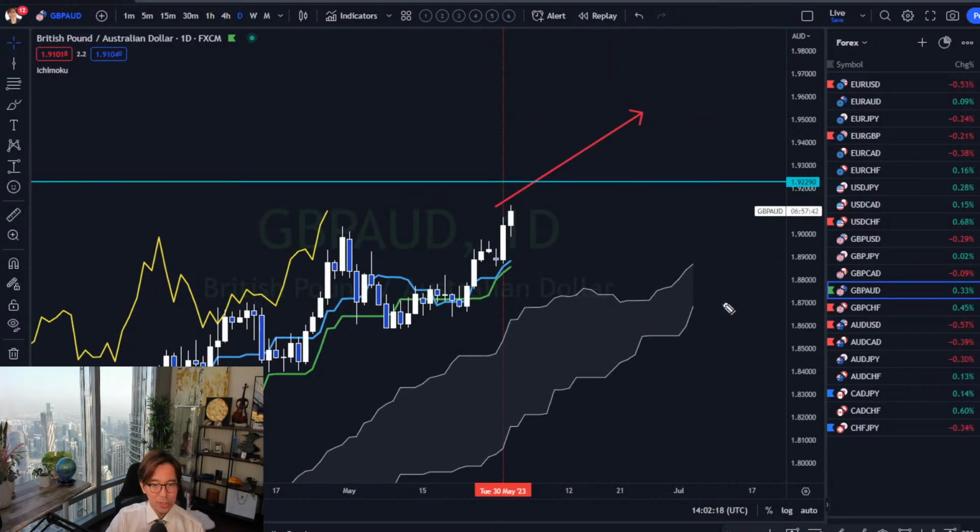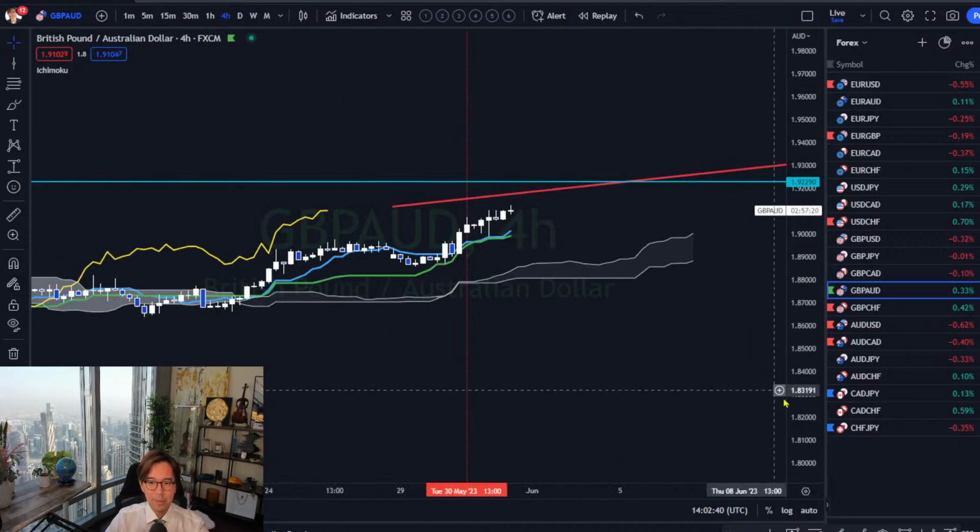Now Kumo is bullish. Kijun Sen, Tenkan Sen are also pointing up, and Chikou span is above candles. So this is a bullish market. And then what I usually do is, after I capture a trending market like this in the higher time frame, daily or the 4 hour, I also check the 4 hour time frame.